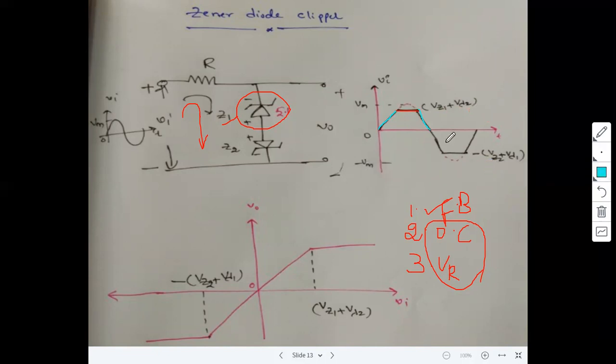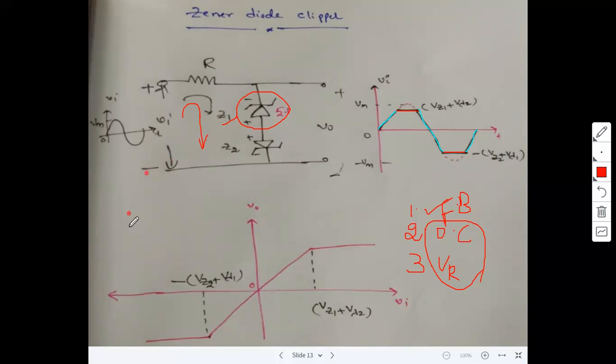Similarly, on the negative side, when the input signal is greater than minus of Vz2 plus V gamma 1, in this range, output follows the input. When the input signal is less than minus of Vz2 plus V gamma 1, output is limited to minus of Vz2 plus V gamma 1. Like this, we analyze the clipper circuits, right?